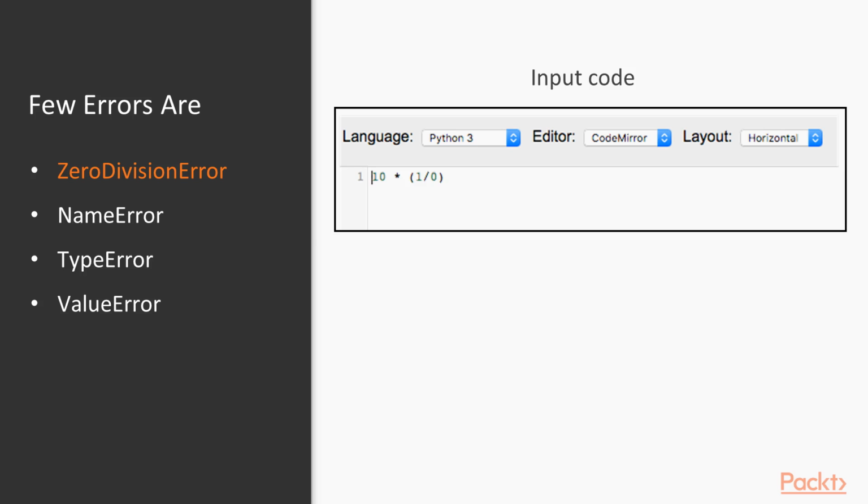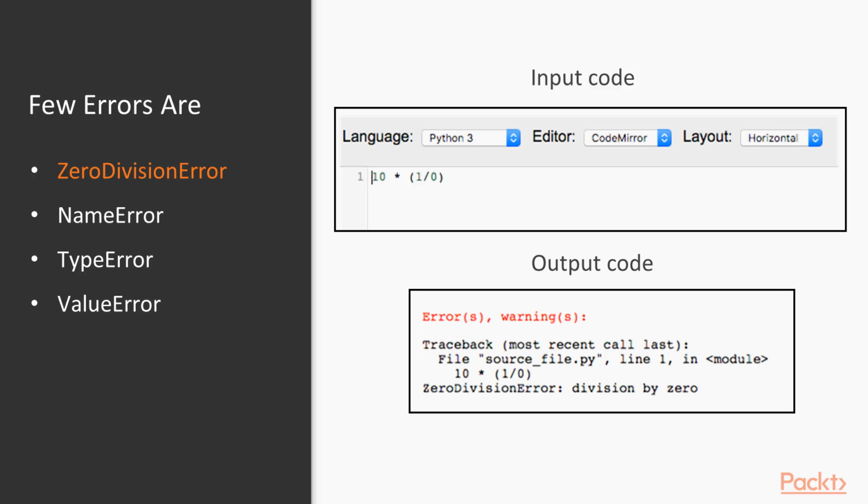So when you compile the code, you will get an error warning mentioning traceback. In this, if you check the file, a statement line will mention zero division error. So when you're trying to compile a code or any statement, especially an integer divided by 0, it is bound to give you a zero division error.